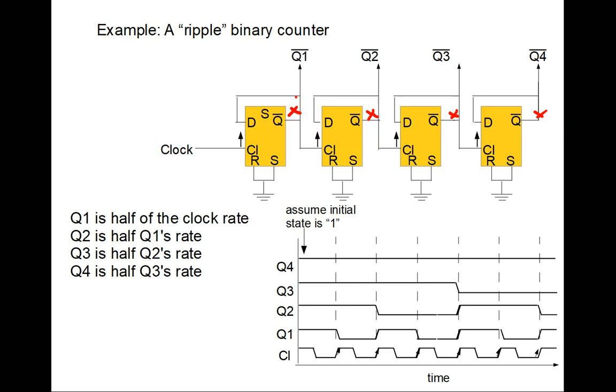So we ripple this state as it goes through, and we have a delay between when this value changes and when that value changes. This can cause problems if we're using these outputs for looking for specific values. So we generally don't use a ripple counter, but it's a nice way to look at a simple example.